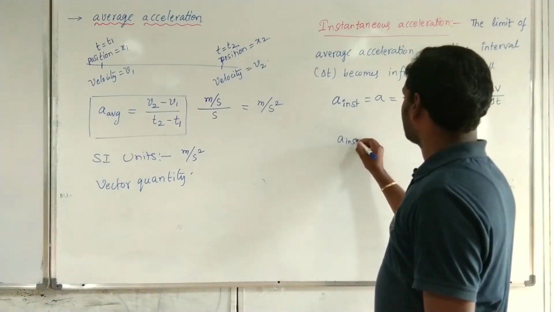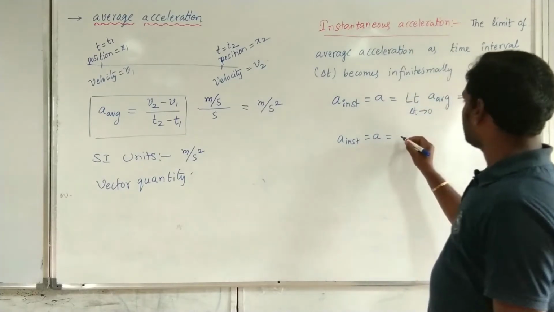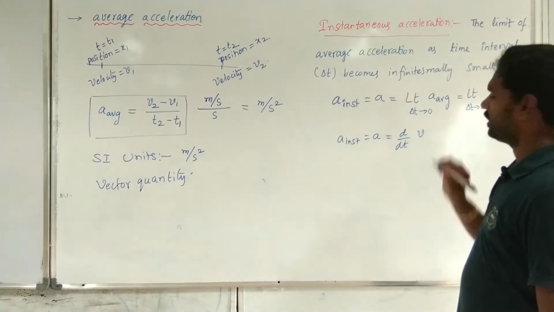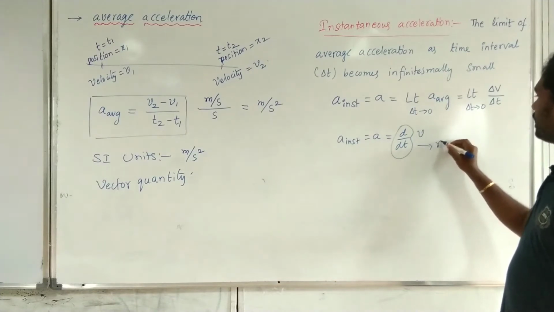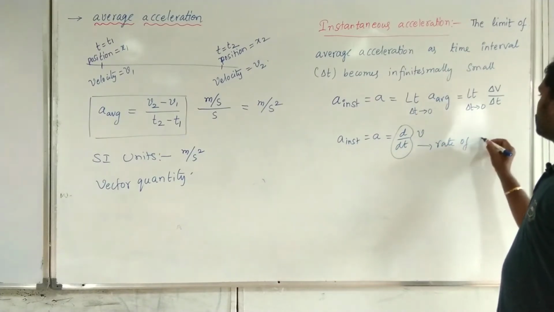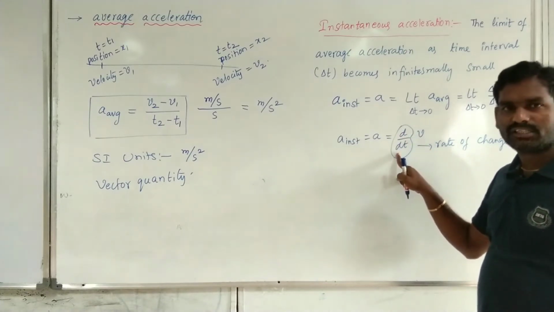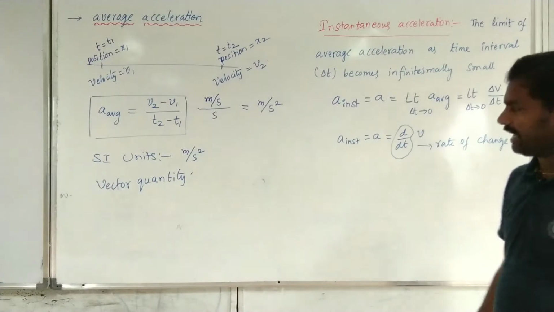Instantaneous acceleration, or simply acceleration, can be written in mathematical expression as d by dt of v. d by dt is nothing but rate of change. So, instantaneous acceleration is the rate of change of velocity.